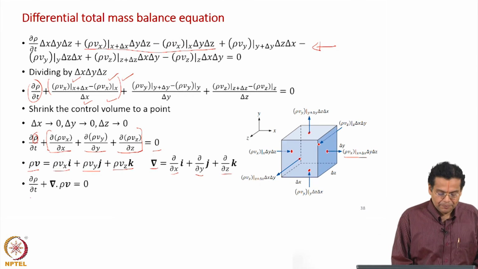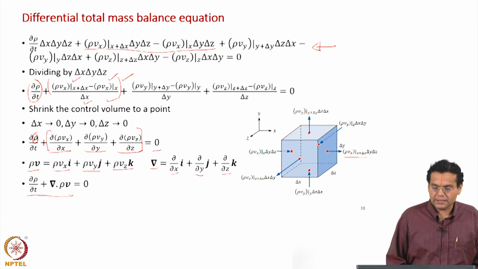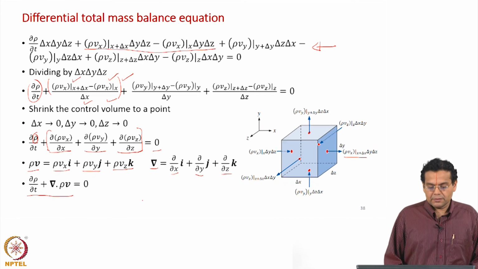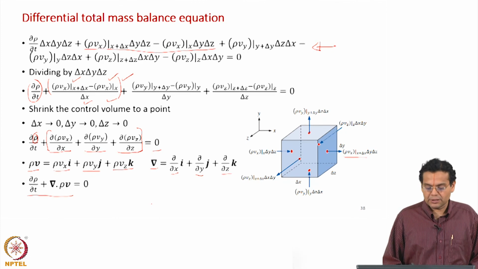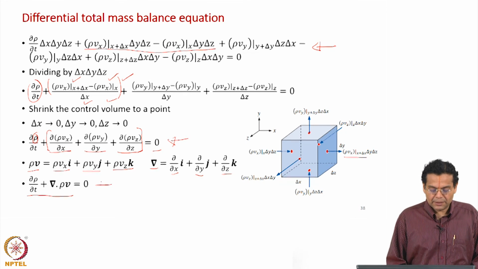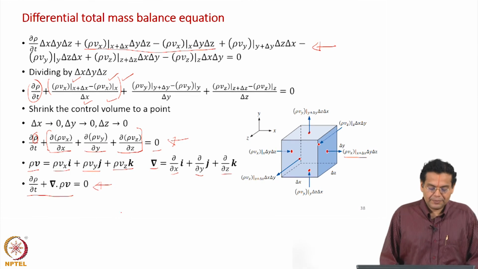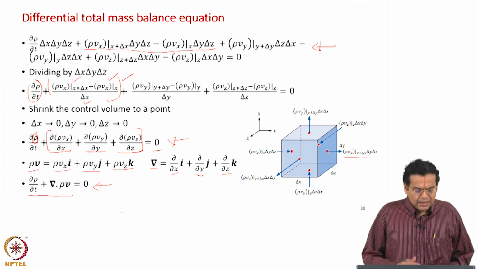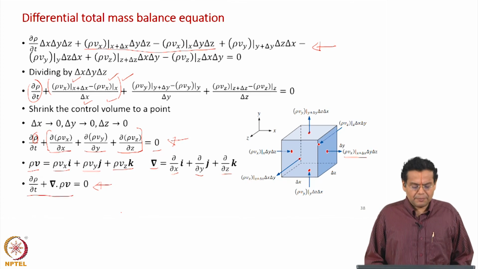So, there is a shorter, simpler representation of the same differential total mass balance equation. Of course, here the variables are explicitly seen, but if you want to represent it in a short way, then the vectorial representation helps us. It has some other utility in representing in vectorial form, which we will see towards the very end of the course.